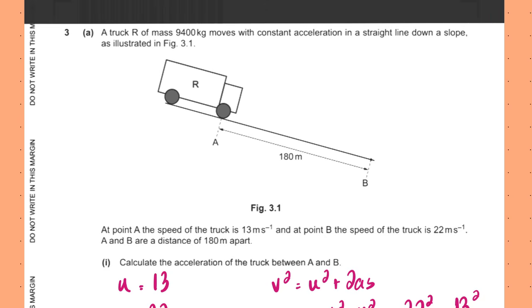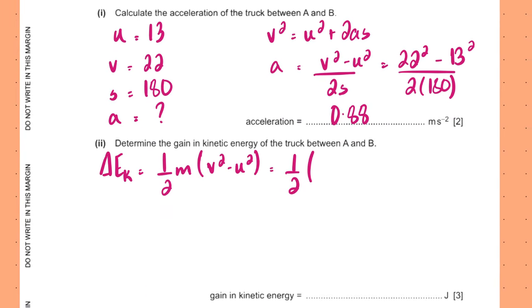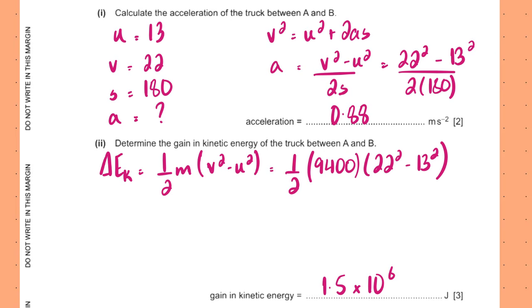The mass was given as 9400. Final speed is 22, so 22 squared minus initial speed squared, which is this. You plug all of this into your calculator, and this turns out to be 1.5 into 10 to the 6 joules.